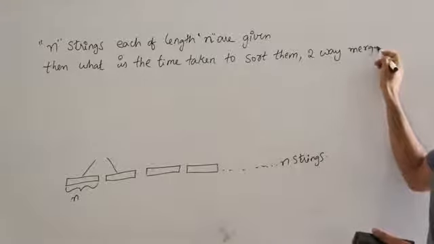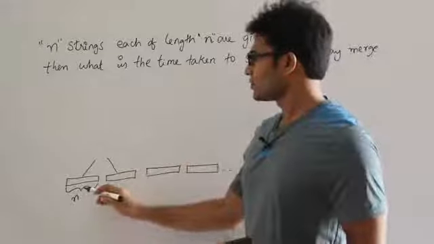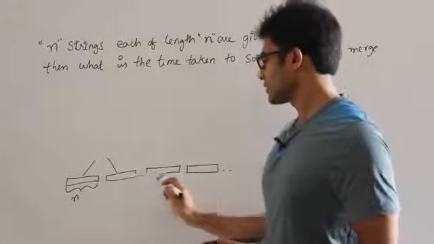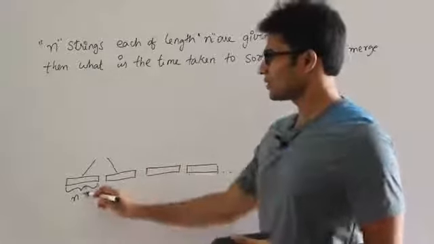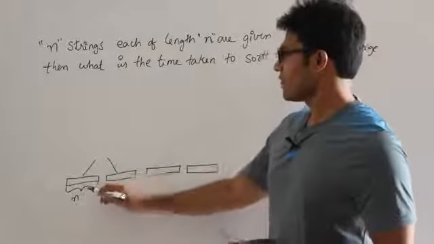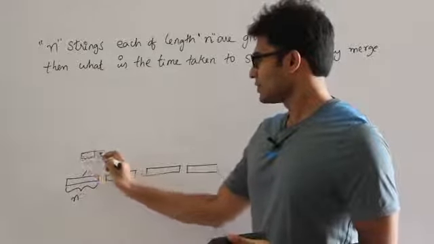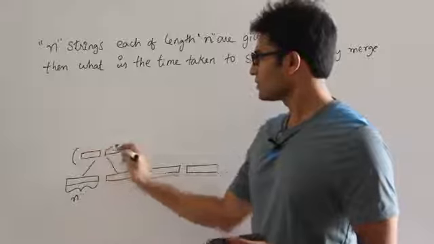Two-way merging means we take two elements and merge them, two elements and merge them. Initially the list contains one single element, and each element is nothing but an n-length string. We compare these two, and I get a list containing two elements in sorted order.